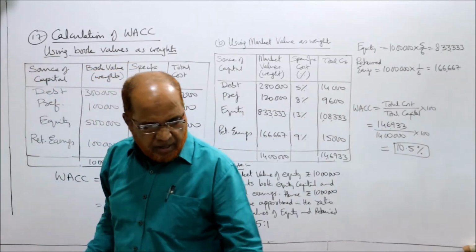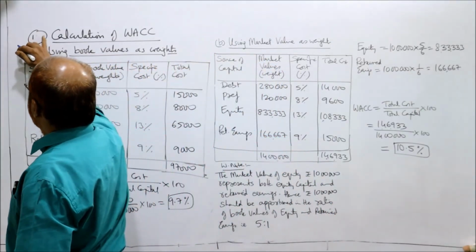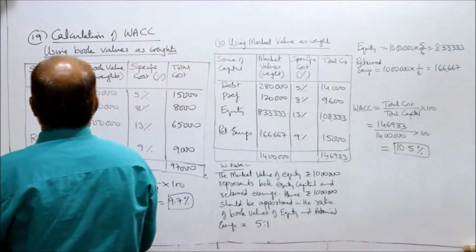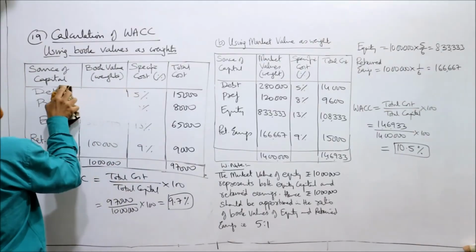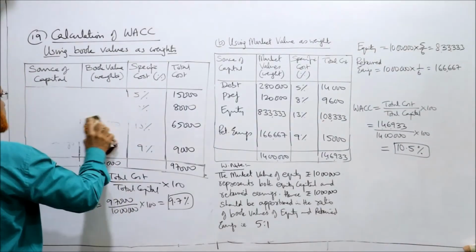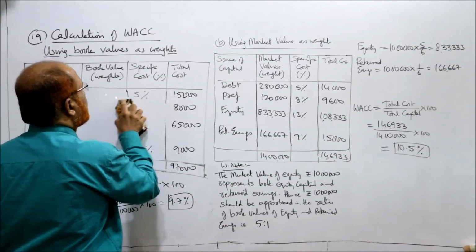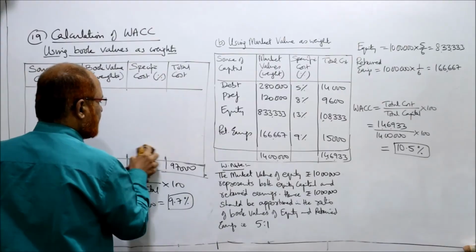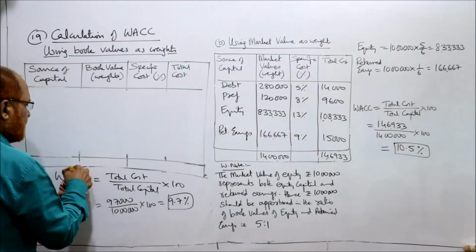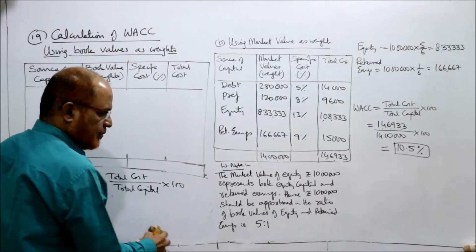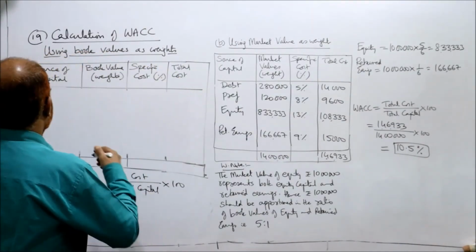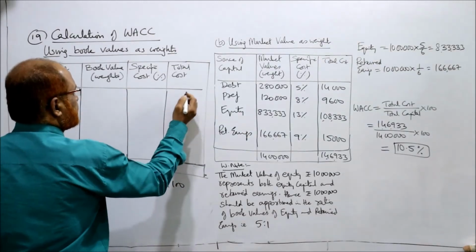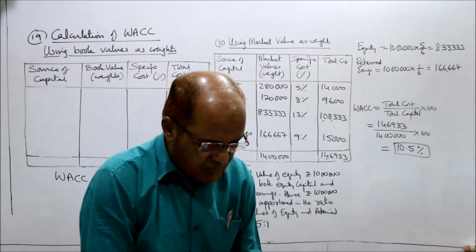This is problem number 19. Now, what are the different sources of capital?